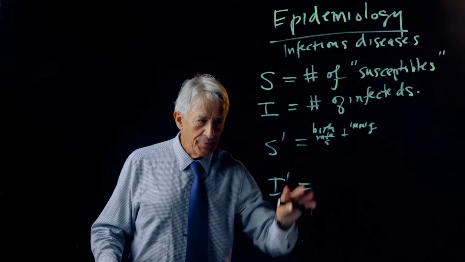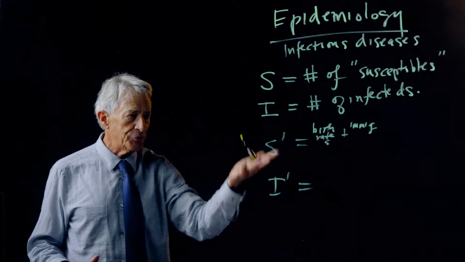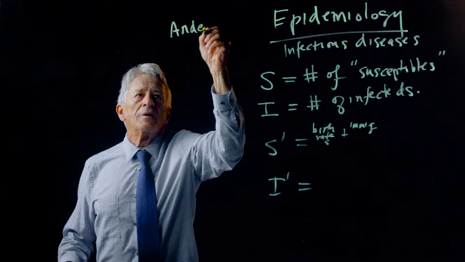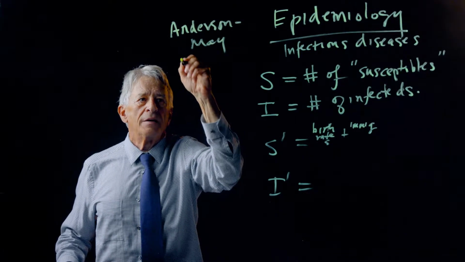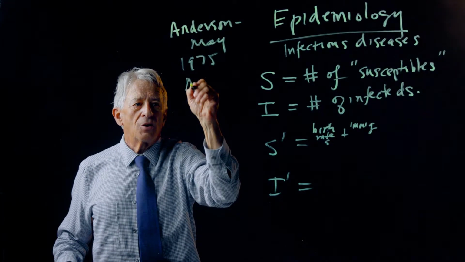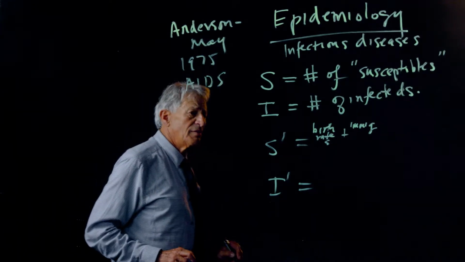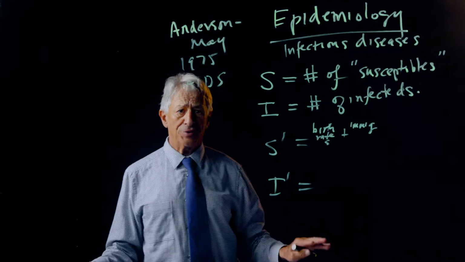We are going to be developing the pioneering model, the first people to make this kind of model. And that would be Anderson and May in 1975, talking about AIDS and trying to understand the spread of AIDS in a population.